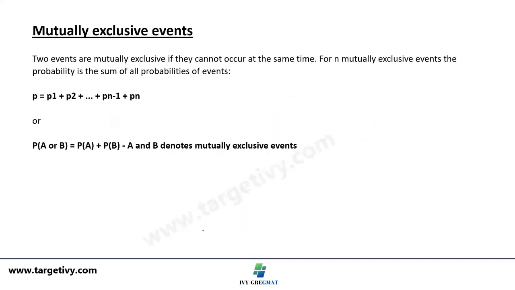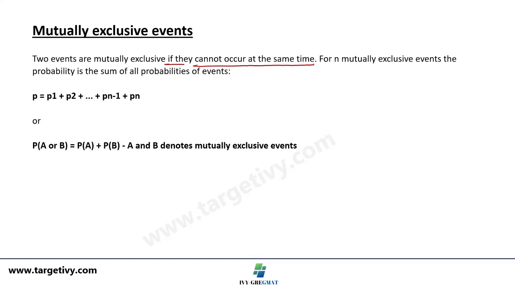Okay. Now the second type, mutually exclusive events. Two events are mutually exclusive if they cannot occur at the same time.